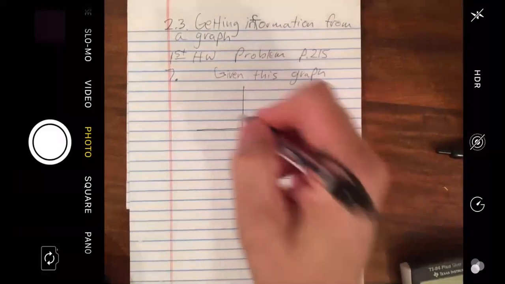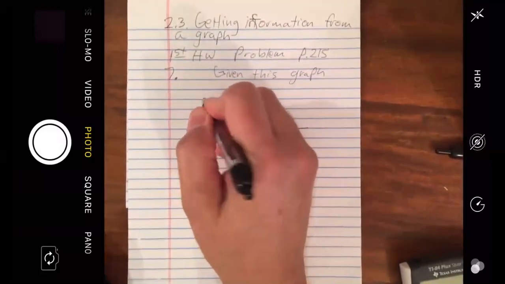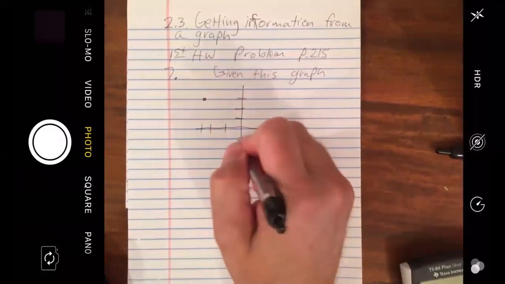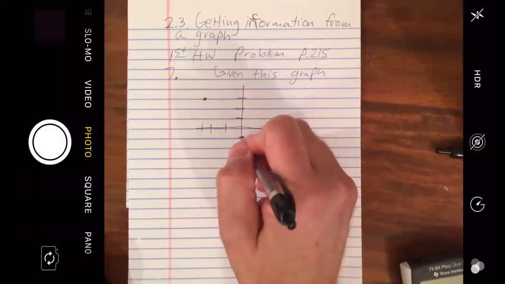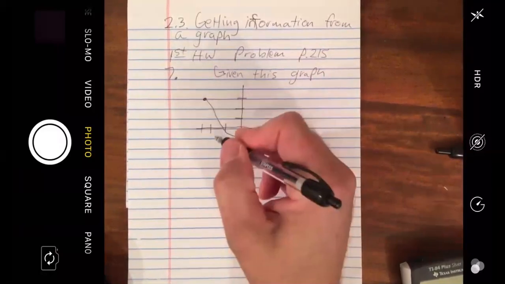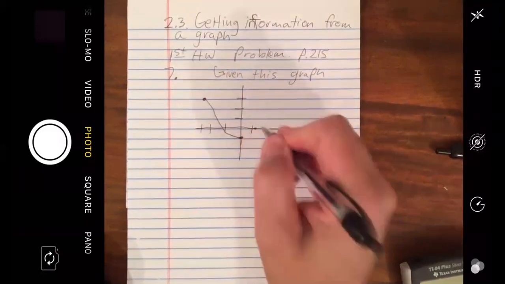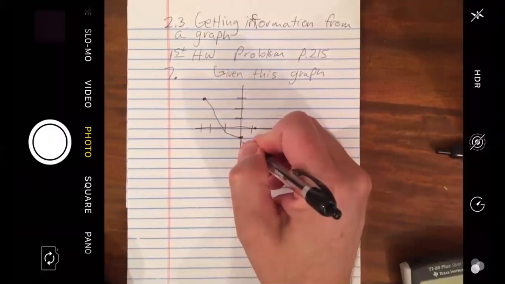Got a dot at -3, 3. It crosses the y-axis at 0, -1, just a little left of the 1 there. It has a dot at 4 and 3.